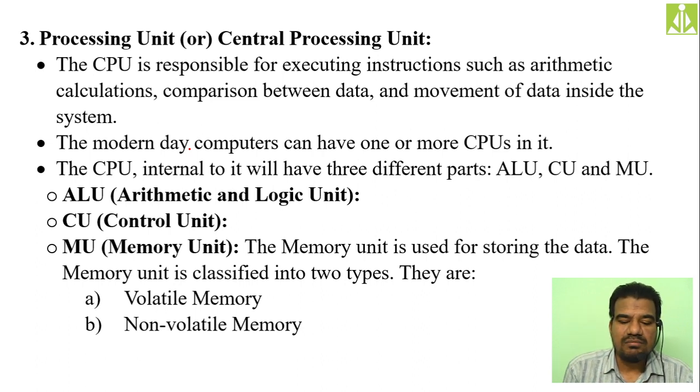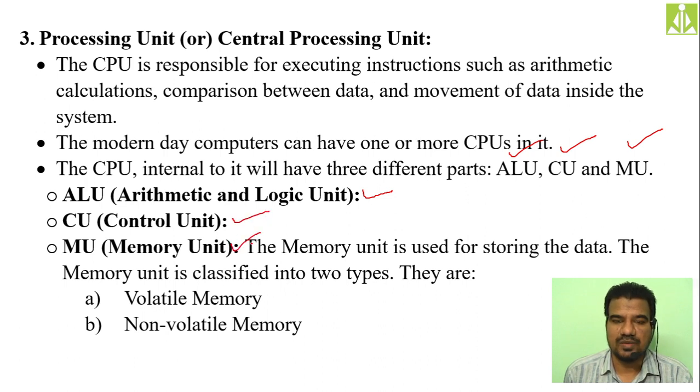Inside the CPU, internal to the CPU, we are going to have three parts. What are they? The first thing is ALU, then CU, then MU. What is ALU here? In that picture maybe it was not visible, but over here it is clearly visible. ALU stands for arithmetic and logic unit, CU stands for control unit, and MU stands for memory unit.